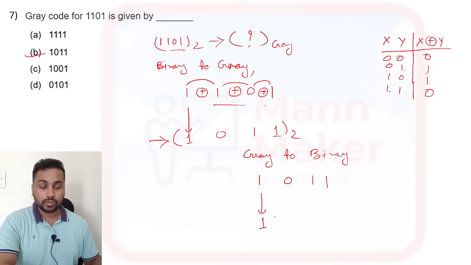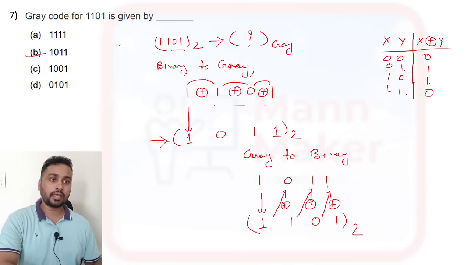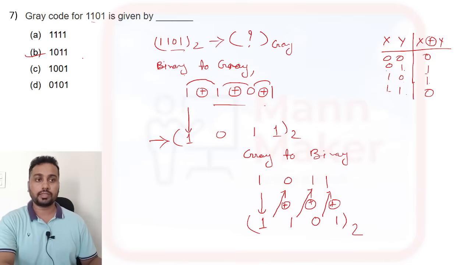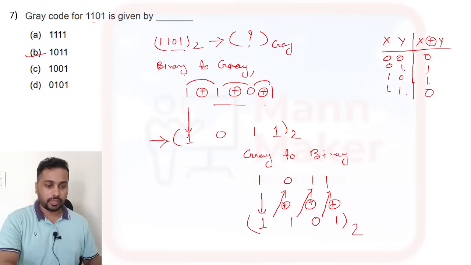Then 1 and 1 is 0. Then 0 and 1 is 1. Now you can see we got the binary number 1101. So like that you need to do binary to gray and gray to binary.